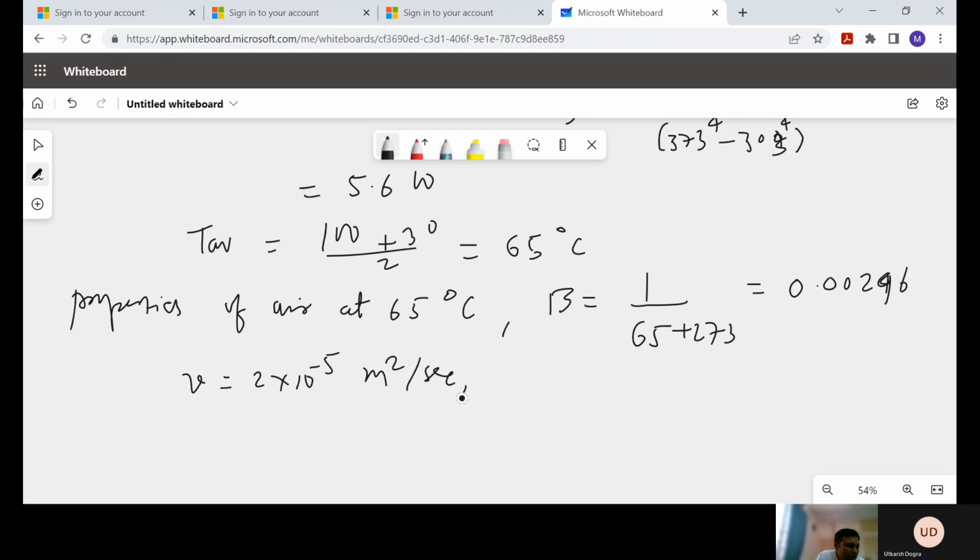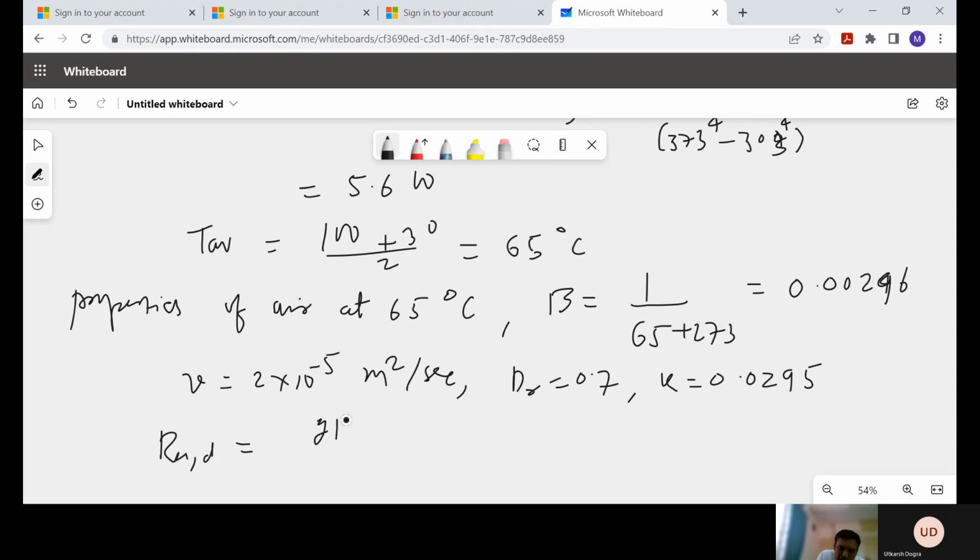So all these are given backside of the book. Prandtl number is 0.7 and thermal conductivity is 0.0295.